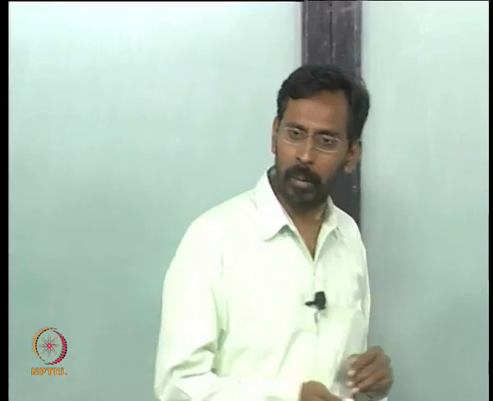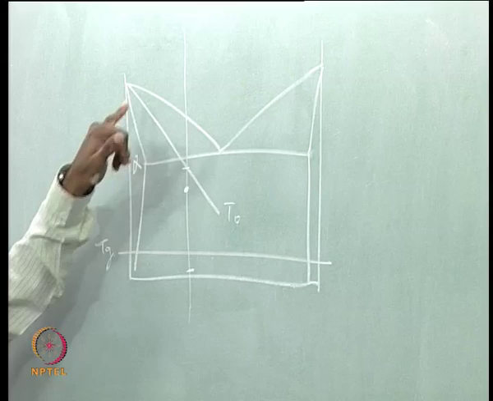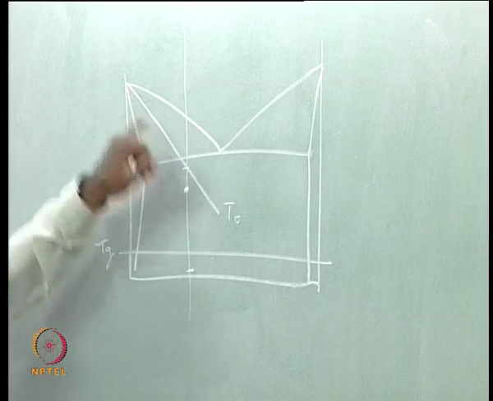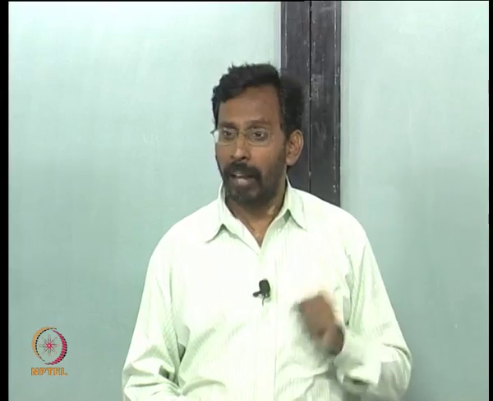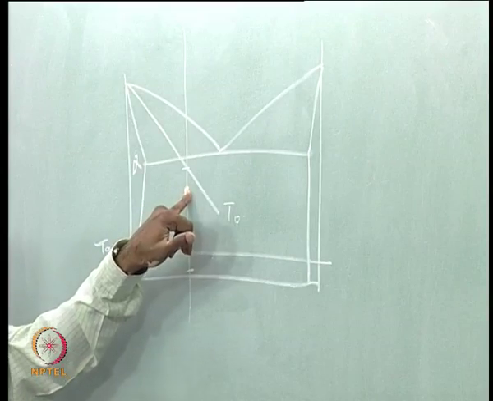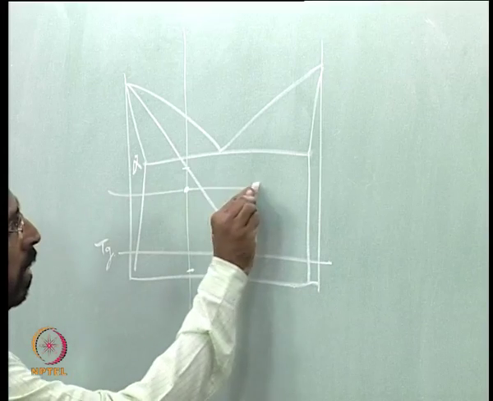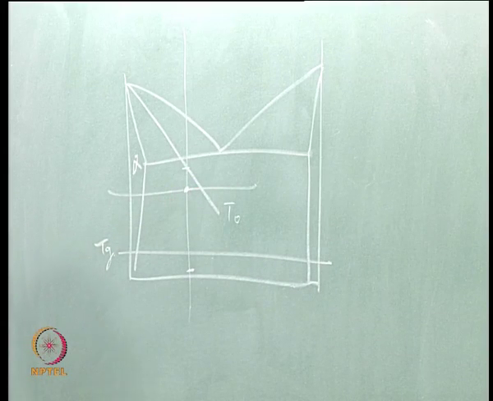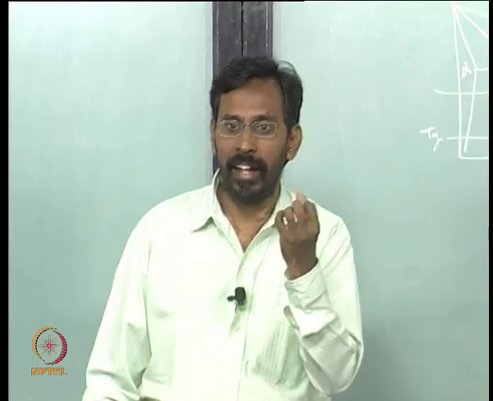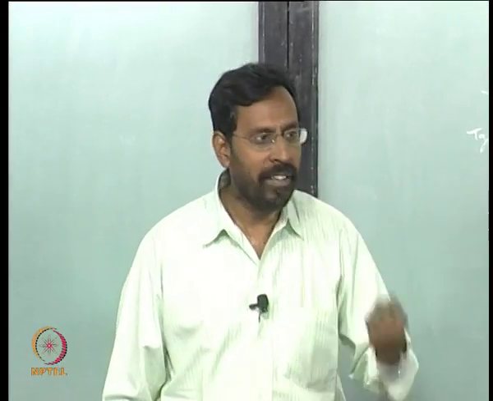Again the same concept, because we are at this temperature, if I extrapolate the T naught curve, I will see that my composition at this temperature is to the left of the T naught. So, there is a possibility that the liquid at that temperature has a chance to become solid by partitionless solidification.